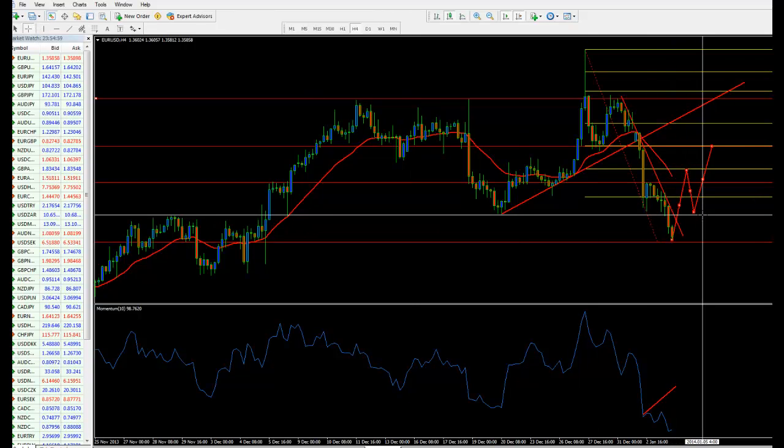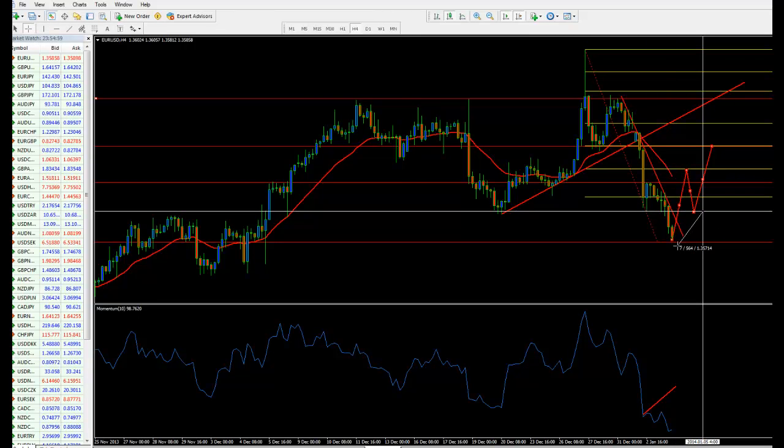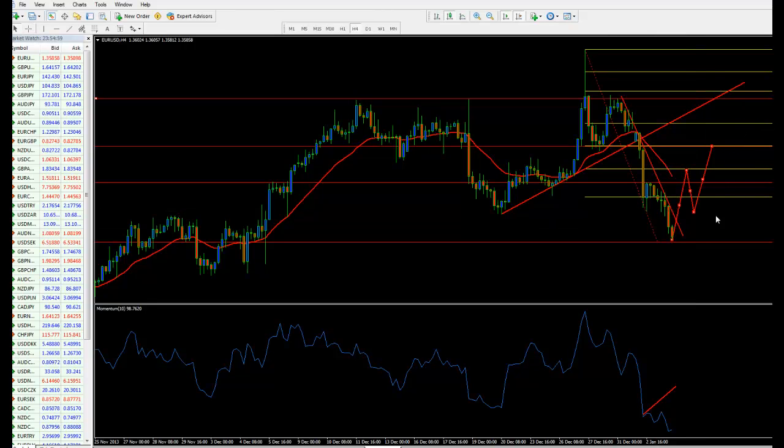If you were to get in, say at this point, if this does that, you'd have, say, a 60 pip stop, and up to this line is 180 pips, so that's a 1 to 3 projected. And then if you only came to 61.8, you'd have about a 1 to 2. So good opportunity on that.